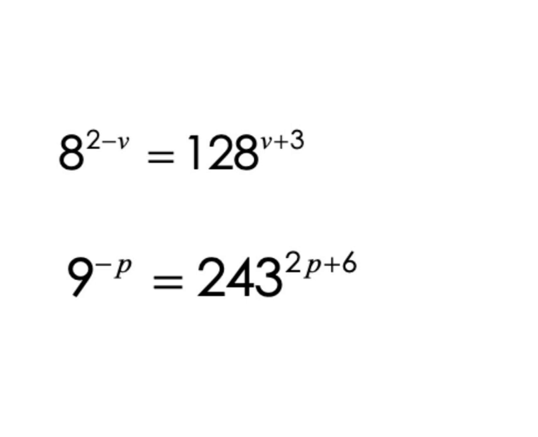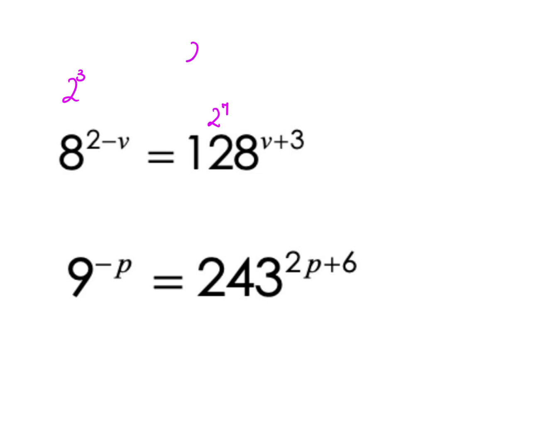Here we get 8 to the 2 minus v power equals 128 to the v plus 3 power. So in this case, 8 is really 2 to the 3rd power. 128 is 2 to the 7th power.